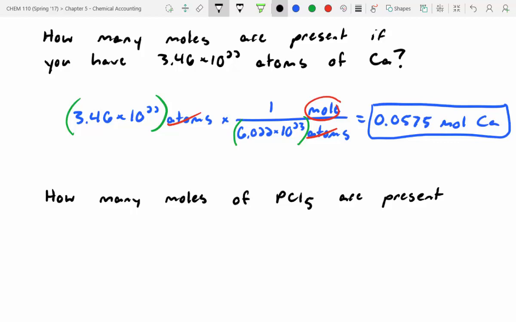This is covalent, so we do need to use mono, di, tri, or tetra. So how many moles of phosphorus pentachloride are present if you have 6.52 times 10 to the 24th molecules of PCl5?